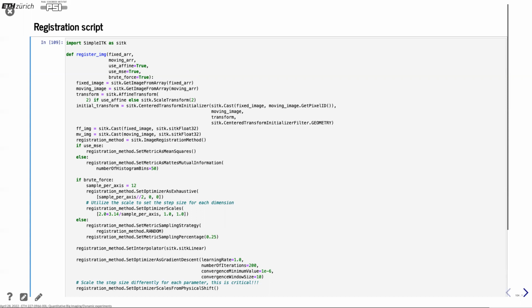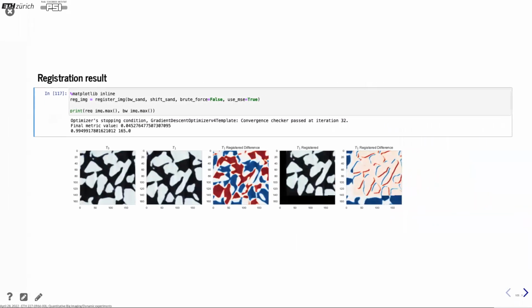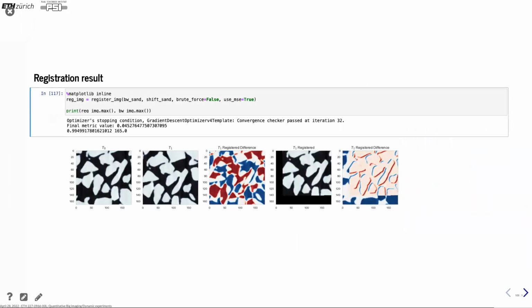I'm not actually going to describe everything. It's even longer than this. But the idea is this function here sets up the registration task for us. And if you want to run this on, for example, the sand images that were displaced, you can see the difference before.